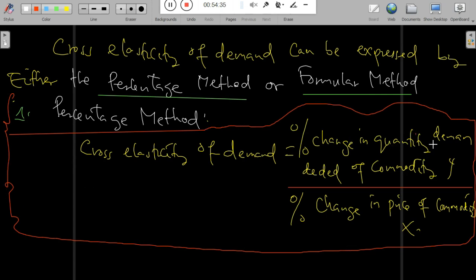When you calculate the cross-elasticity of demand, we take the percentage change in quantity demanded of commodity Y divided by the percentage change in price of commodity X.